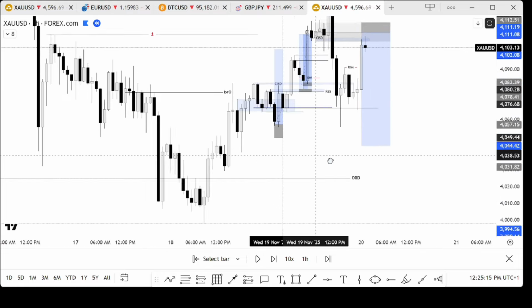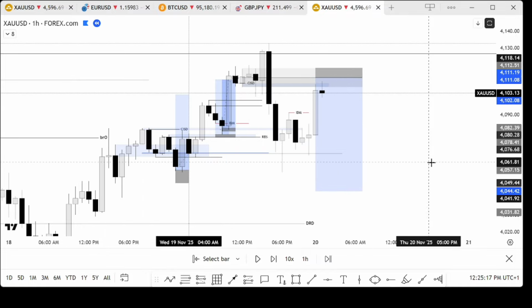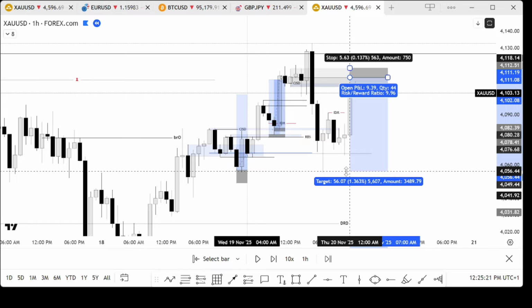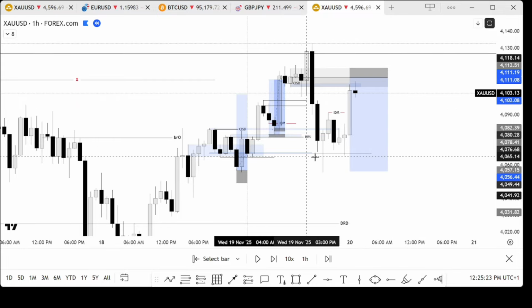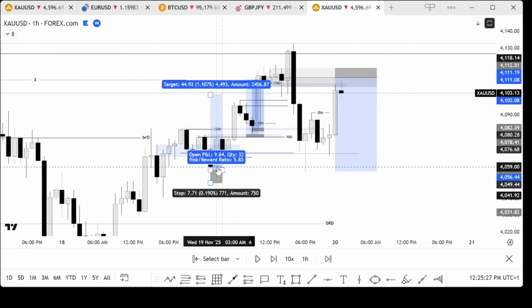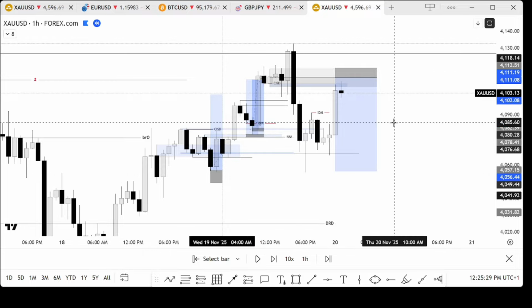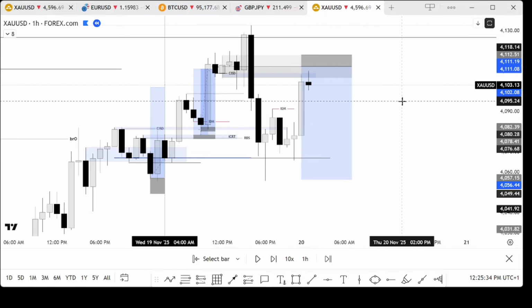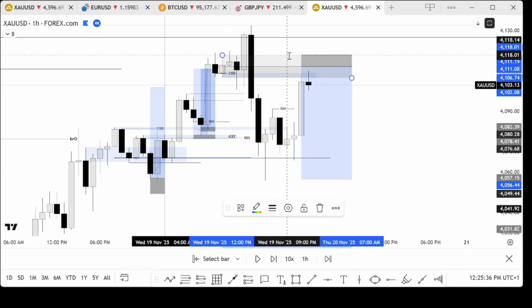But for the sake of being realistic, we need to put our TP around this level, because this is the closest. Of course, remember that if this level gets broken, that's a 4-hour storyline confirmed by the daily storyline, confirmed by the 4-hour time frame. So you see that right there.